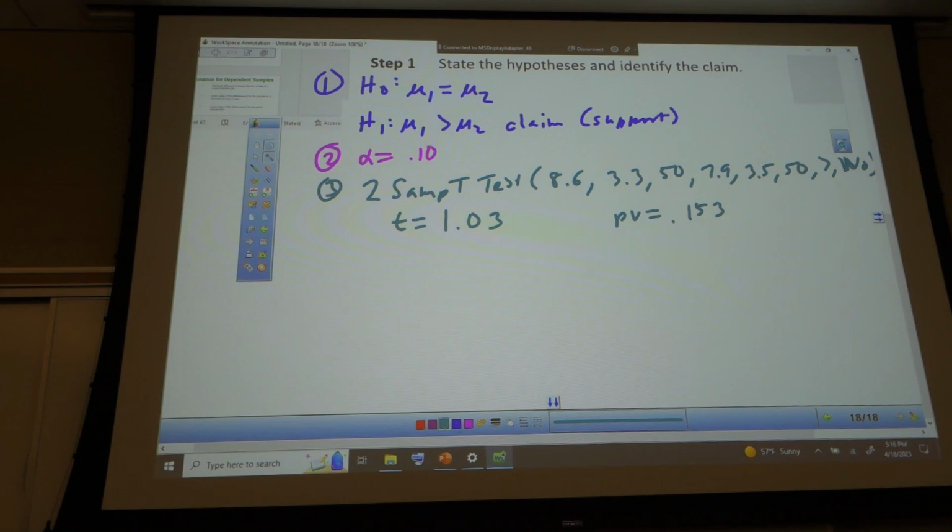Great. So then, step 4: obviously my p-value is larger than alpha, so I'm going to fail to reject H naught. Exactly, fail to reject or not reject H naught, which means that in step 5, there's not enough evidence to support the claim.